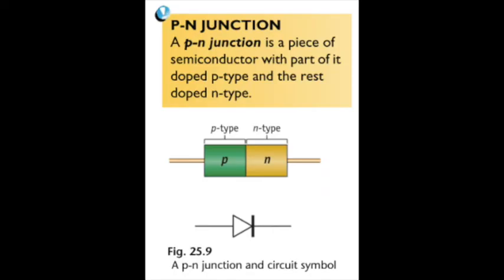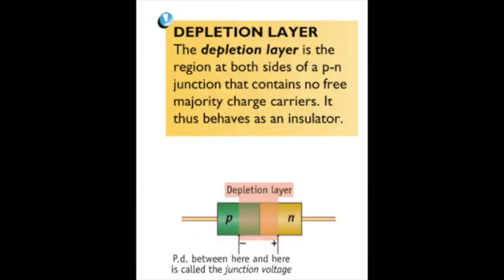If you take a silicon semiconductor and you dope one side of it with boron to give you the p-type, and you dope the other side of it with phosphorus to give you the n-type, you've now created a p-n junction. What actually happens is the positive holes from the p-type will be attracted to the n side, to the negative charges.